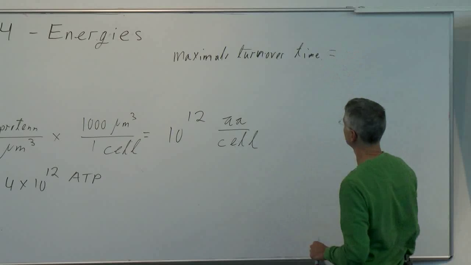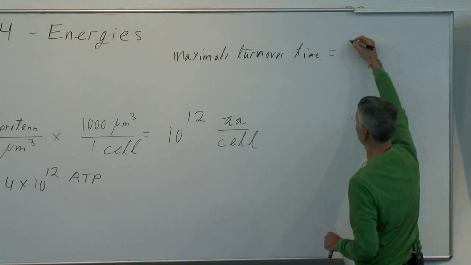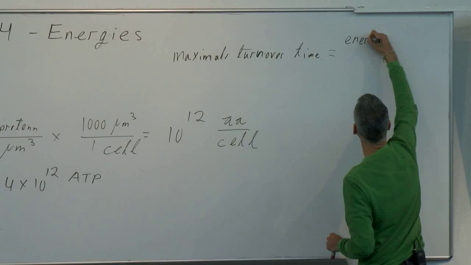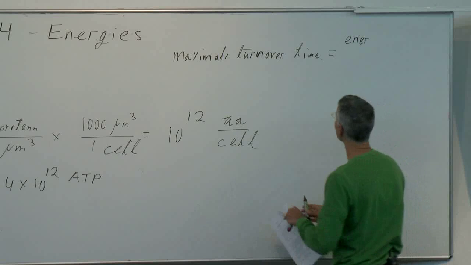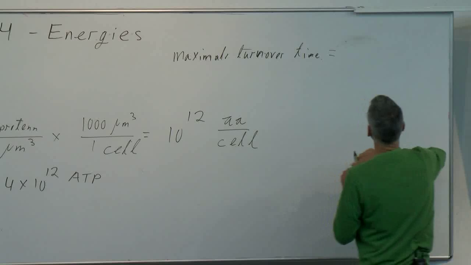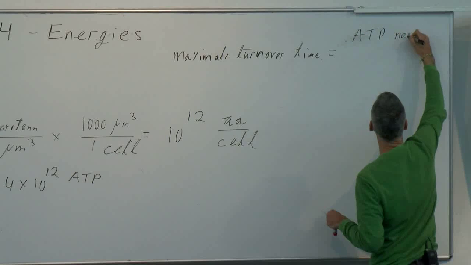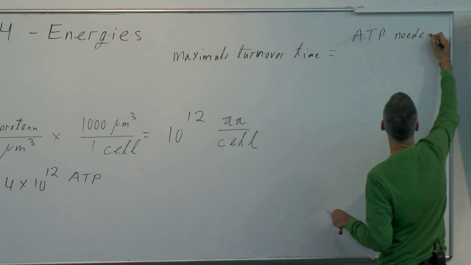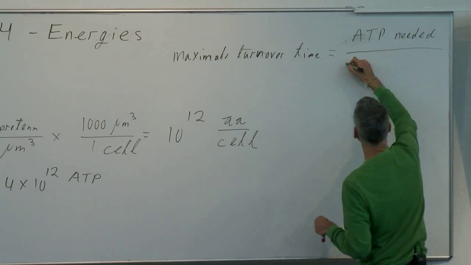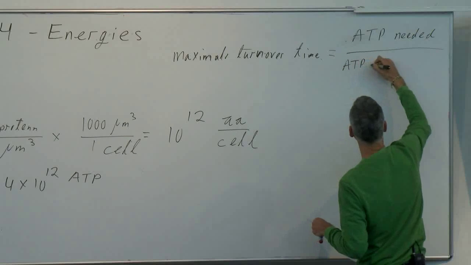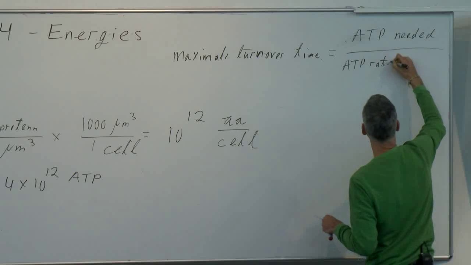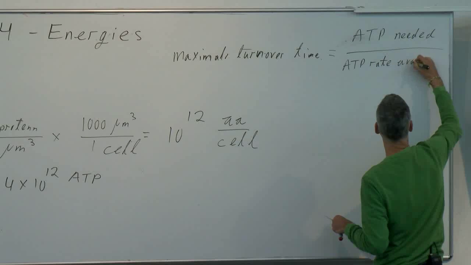This would be the ATP needed divided by the ATP rate available.